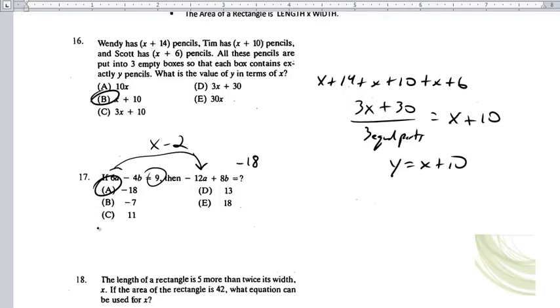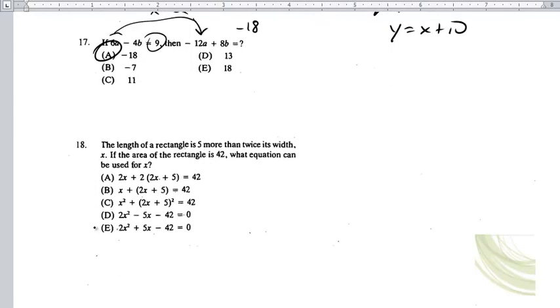All righty. Number 18, the length of a rectangle is 5 more than twice its width. So length is, oh, by the way, they call the width x. That's goofy. Okay, it's twice the width plus 5. So 5 more. And I like to write 5 after that, because if I said it's 5 less, you don't want to write 5 minus x, you want to write x minus 5. Okay?